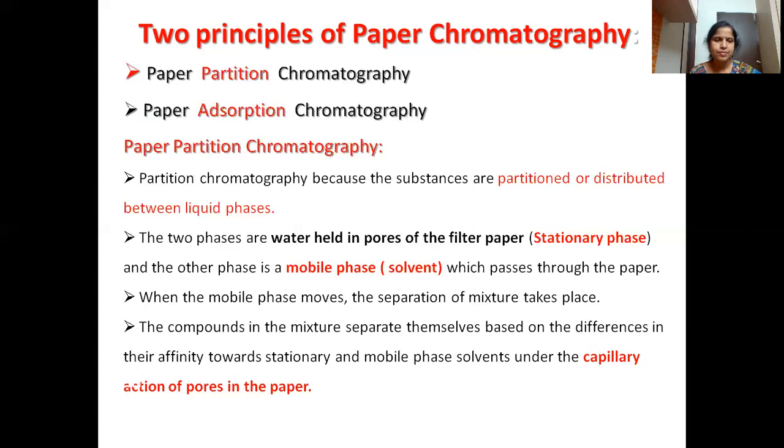So due to that capillary action, the separation is taking place. So this is paper partition chromatography. In paper partition chromatography, both the stationary phase and the mobile phase are liquids.